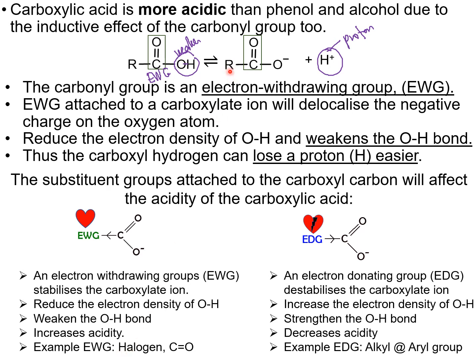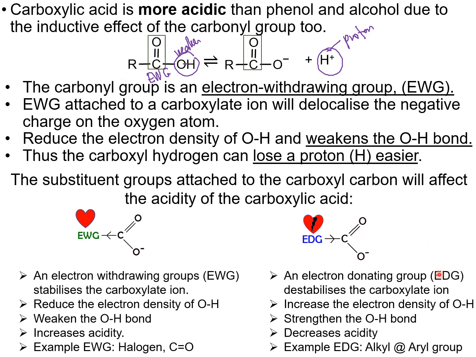Contohnya kalau dia melekat dengan halogen ke ataupun dia C double bond O ke, is much better because dia akan reducekan the electron density of the OH. So senanglah dia akan weaken the OH bond, dia akan increasekan the acidity. Okay, tapi kalau contohnya your carboxylic acid melekat dengan alkyl ataupun aryl group ni ialah contohnya benzene ring kan, itu adalah electron donating group.